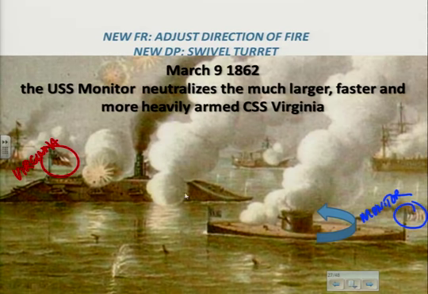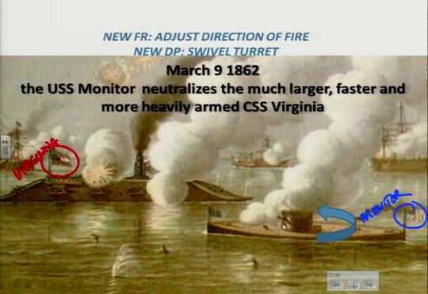And a day before the Monitor gets there, the Merrimack is going out, and basically it's sinking Union ships at will, because it's low, it's ironclad, and it can go around, and it's fast and heavily gunned. So it's sinking Union ships.